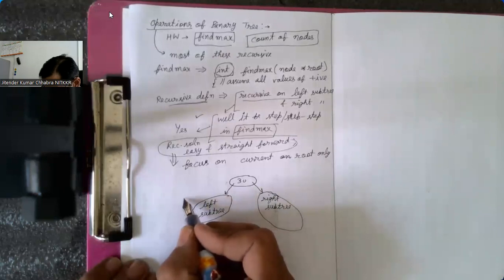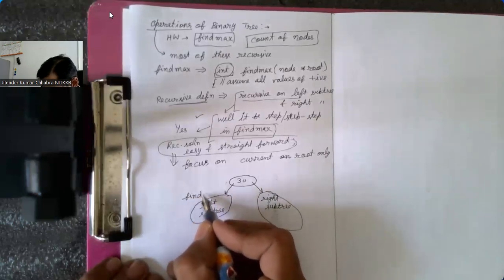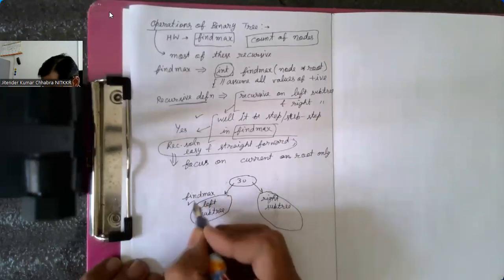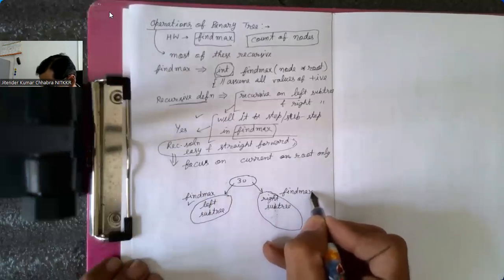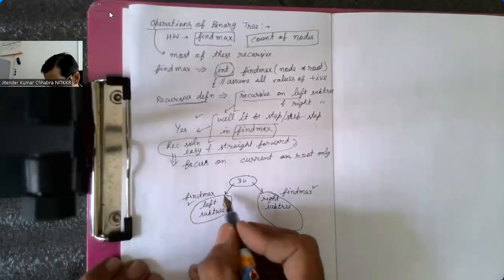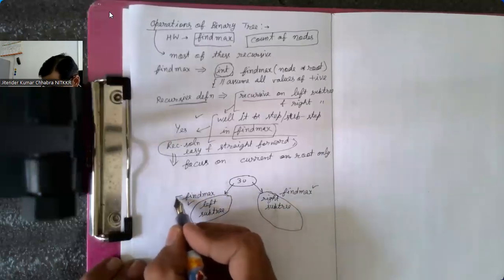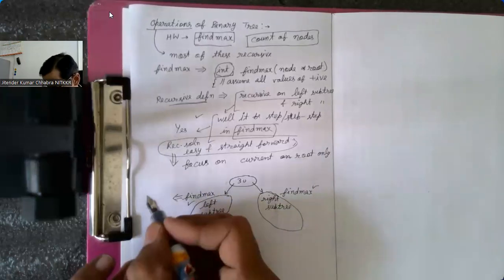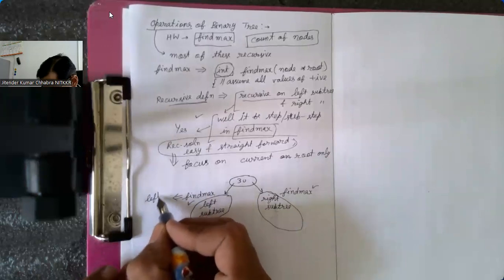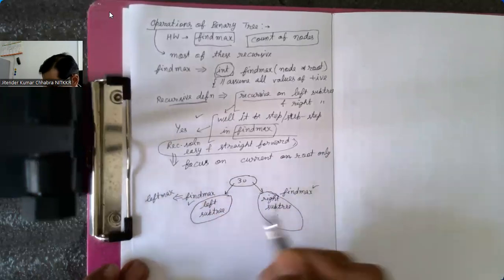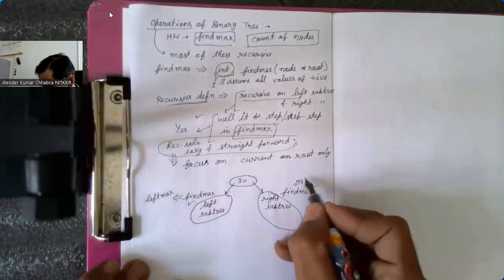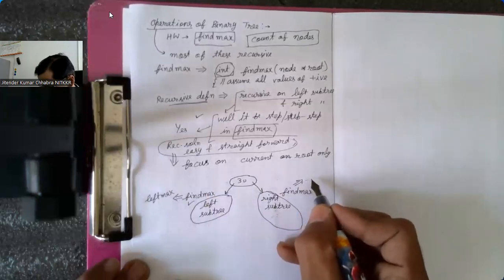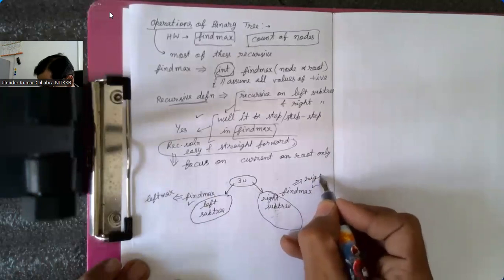We have said that find max will be able to work on this side also. Find max will be able to work on this side also. This process will return something that I can call the left max. This side will return something, and this value I will call the right max.